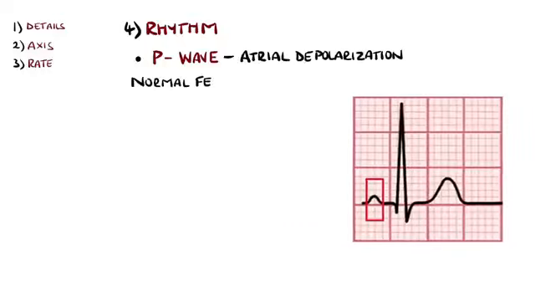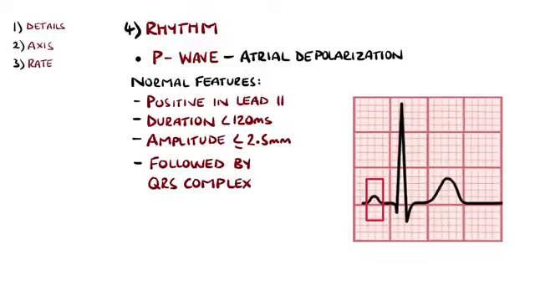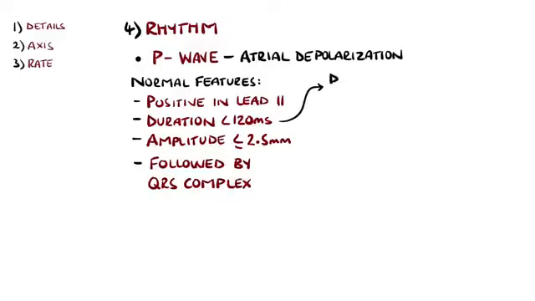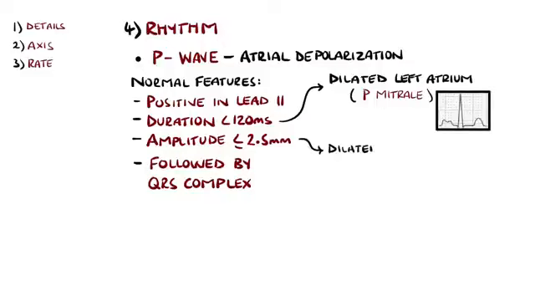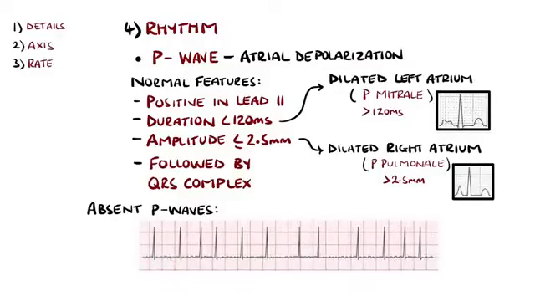The normal P wave should be positive in lead 2, have a duration of less than 120 milliseconds, an amplitude of less than 2.5 millimeters, and each P wave should be followed by a QRS complex. Some abnormalities can include an increased duration or amplitude of the P wave that may indicate left or right atrial dilatation respectively, or the absence of P waves entirely, such as in atrial fibrillation.